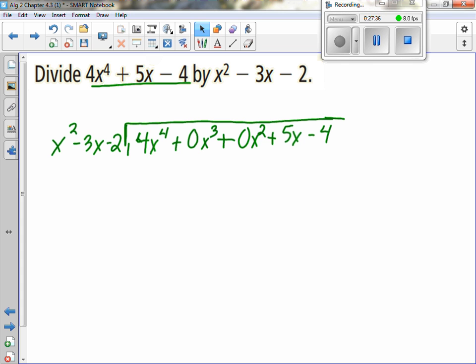So as you can see here, we can have more than one term missing, so we can have multiple. We have x cubed and x squared that we had to fill in. But that's fine. Any questions on this here so far?